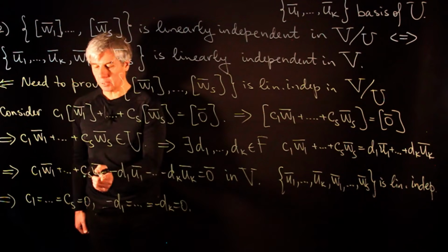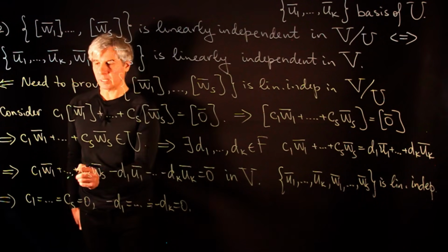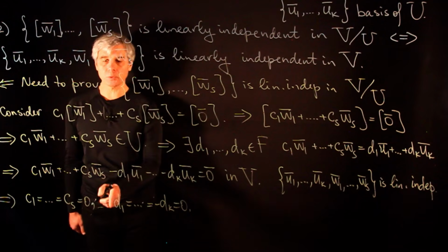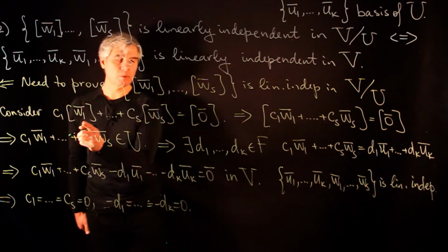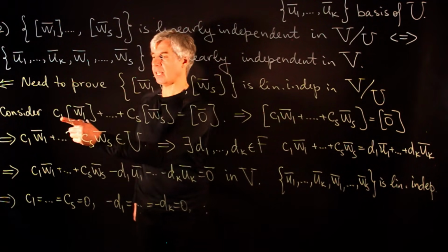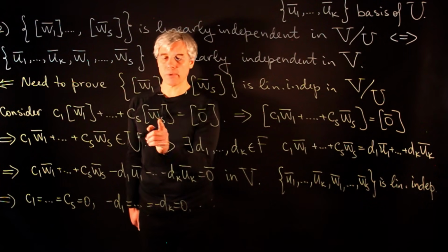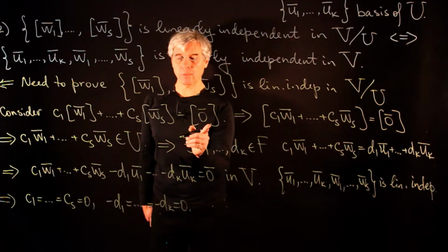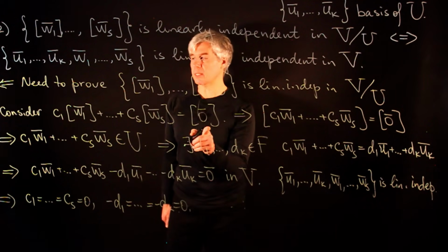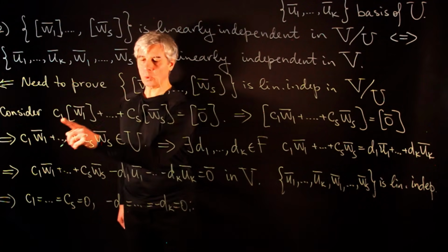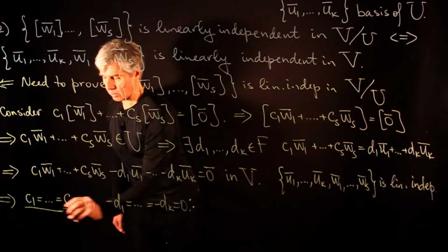But it's the C coefficients that we need. So we proved that the C coefficients are equal to 0. And here, what did we prove? We considered a linear combination of equivalence classes of W1 through WS and equated it to a zero equivalence class. And we proved that all C coefficients are equal to 0.